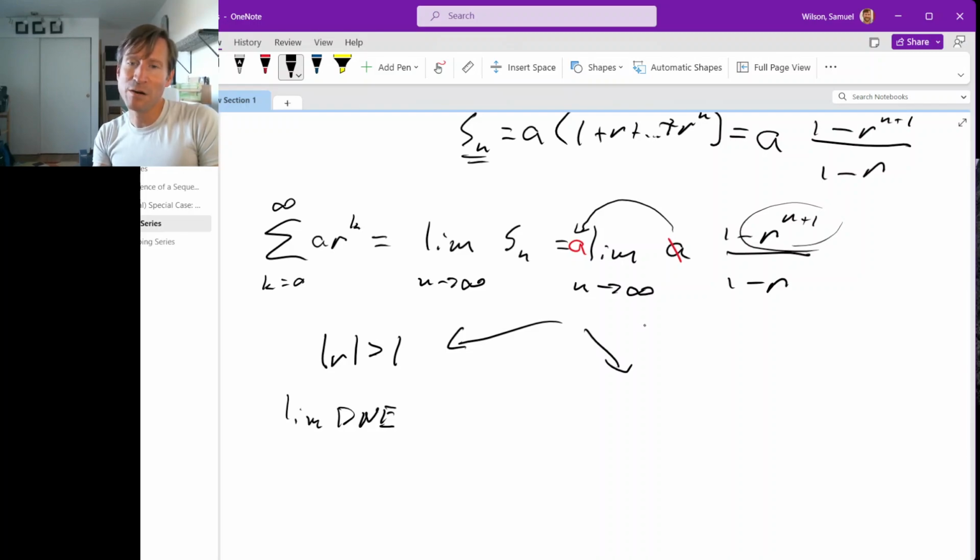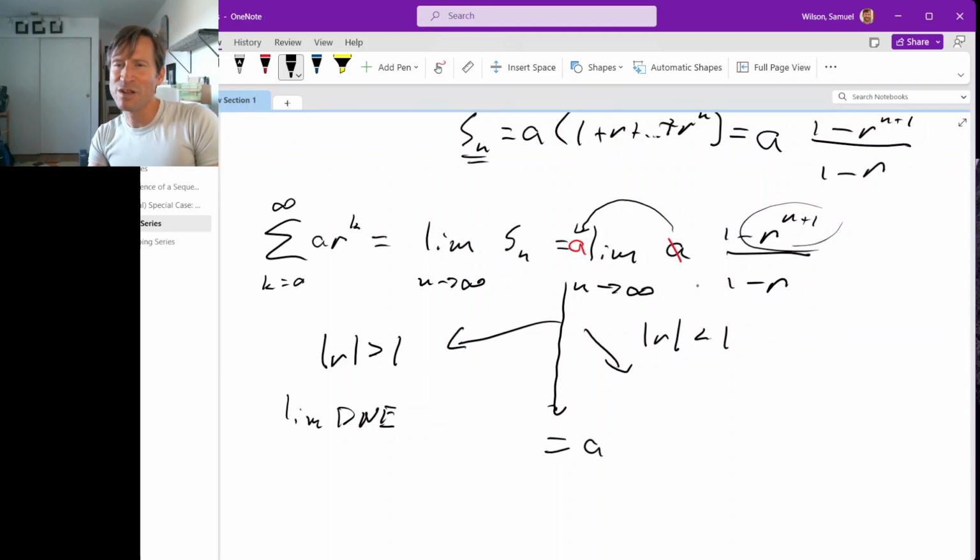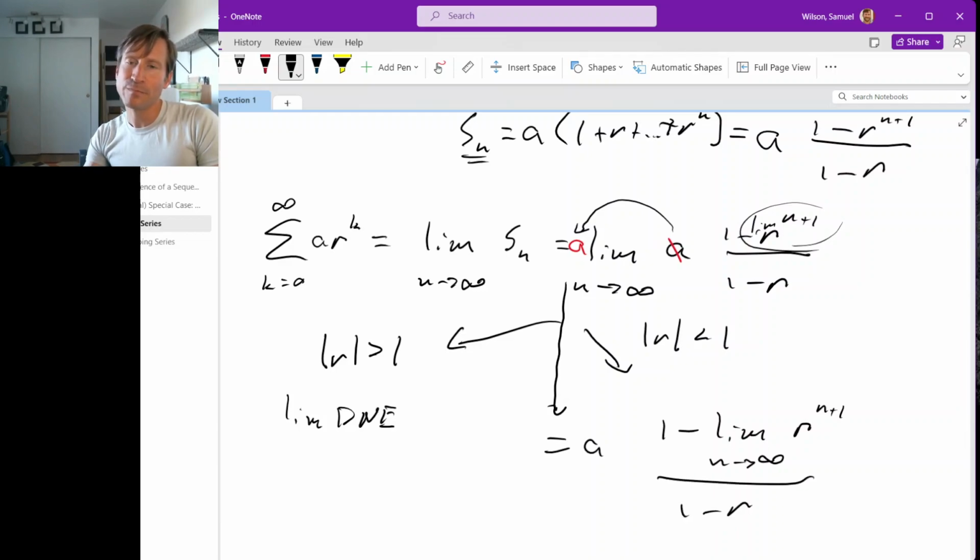So the case we care about is when the absolute value of r is less than 1. So if the absolute value of r is less than 1, then we can continue our calculation here. So this is a, and now we can use all of the limit laws to move our limit over to this spot, right? This is the only spot that depends on n. So we can turn this into 1 minus the limit as n goes to infinity of r to the n plus 1 over 1 minus r.